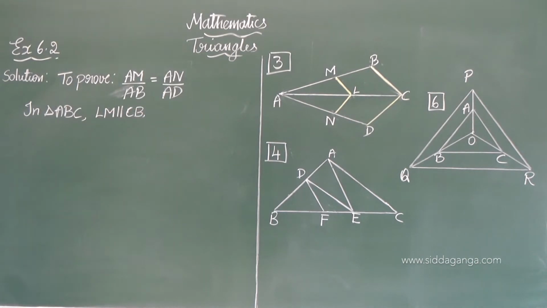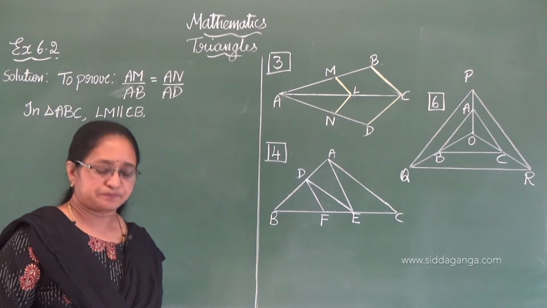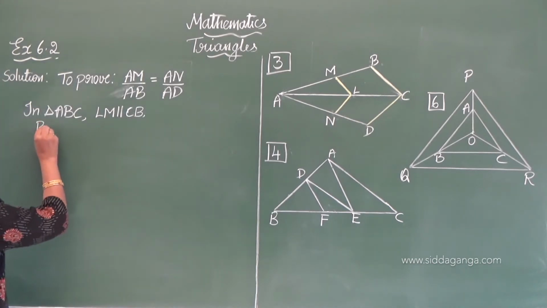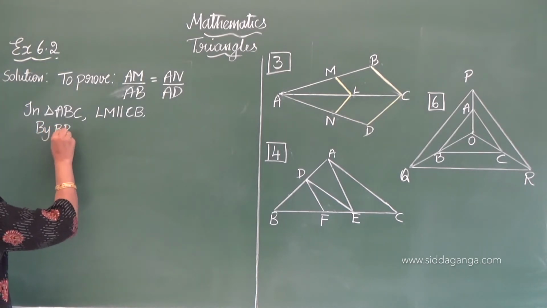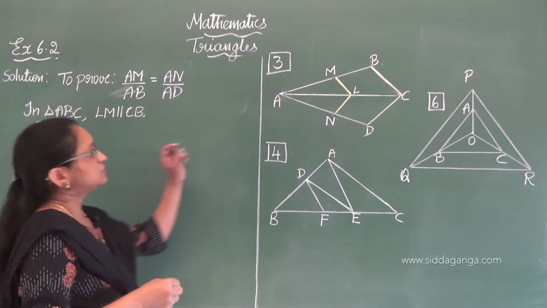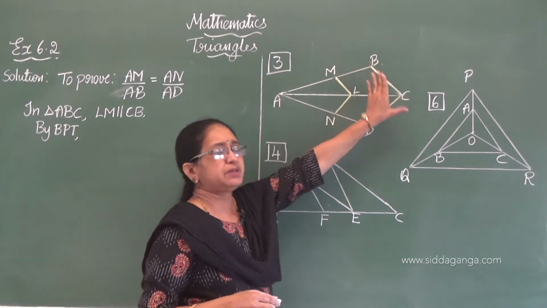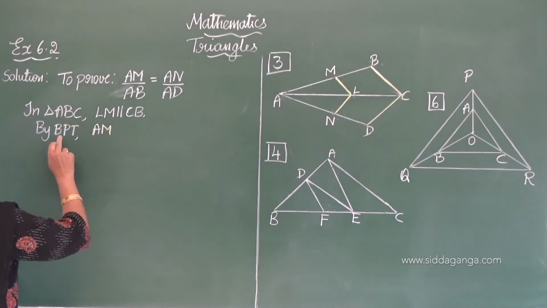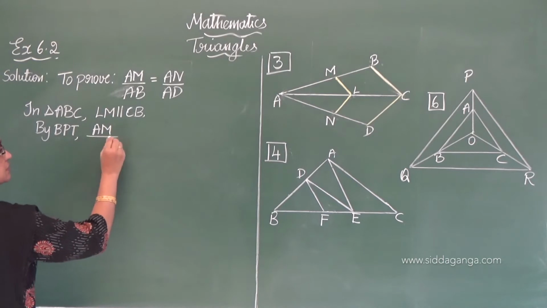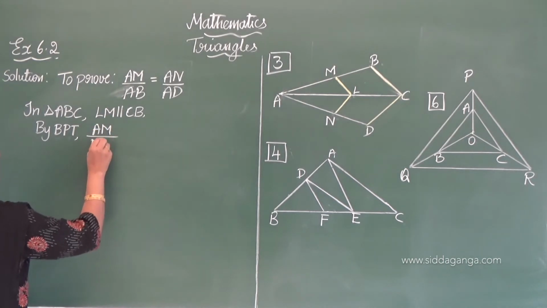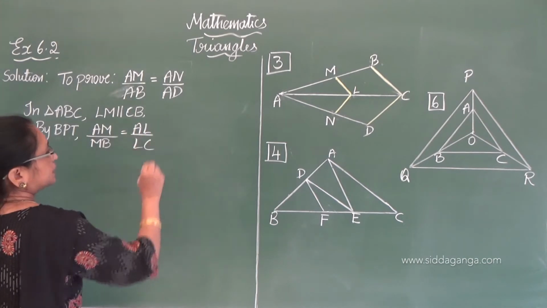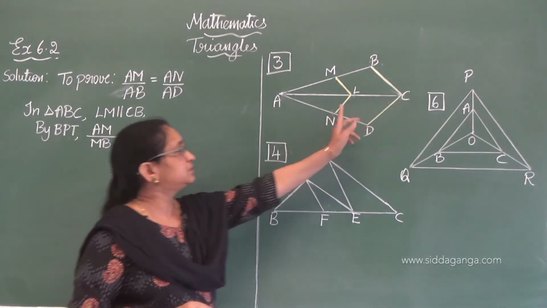So by applying BPT, LM is parallel to CB. Therefore, by applying BPT, that is the basic proportionality theorem, AM by MB is equal to AL by LC. Just observe the figure, you will get it.